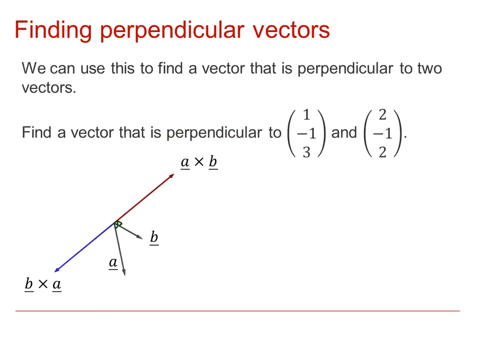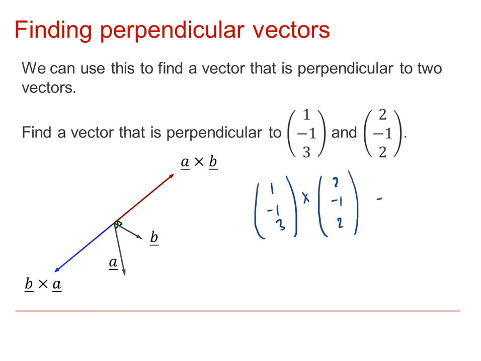So this means that given any two vectors, we can find a vector which is perpendicular to both of them by simply forming the cross product. So here we could form the product (1, -1, 3) crossed with (2, -1, 2).